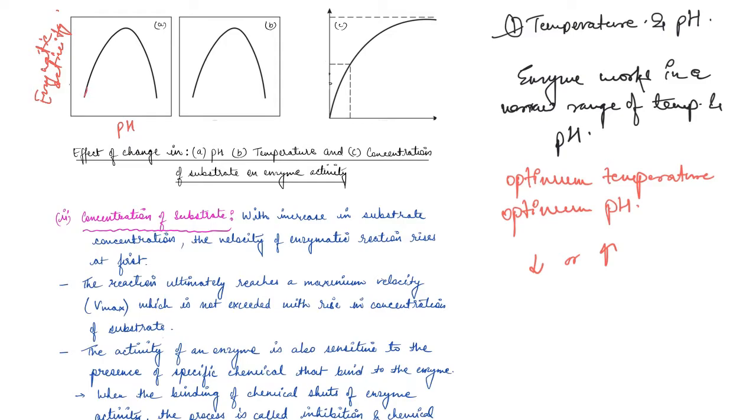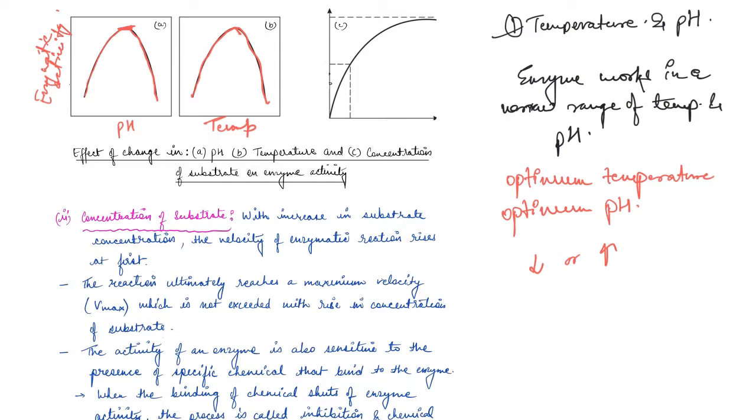Say till a time the activity increases, and then after this threshold it starts decreasing in case of pH. The same happens in case of temperature as well, that the enzyme activity increases, and then after a particular temperature it starts decreasing, right? And we'll see the graph of concentration of substrate as well.